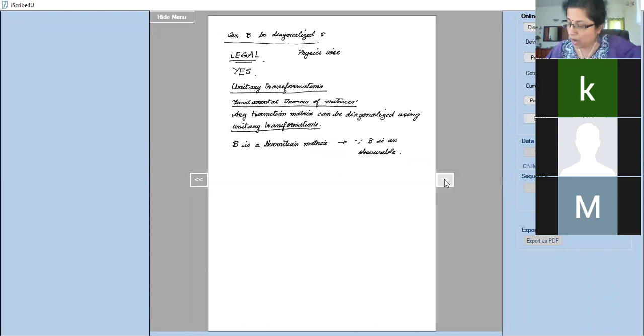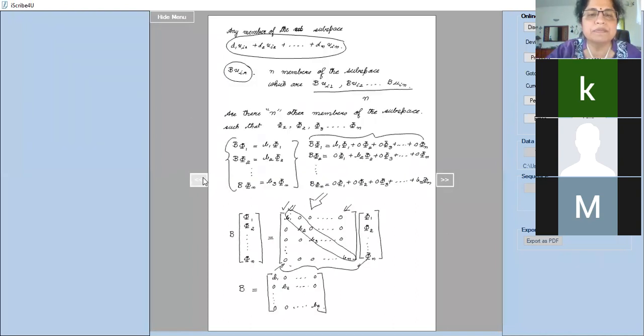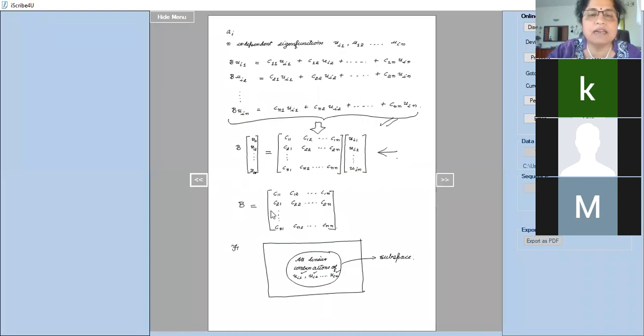So you have B, which is in a non-diagonal form here. Where is this non-diagonal form? Let me go back a few pages. This is the non-diagonal form in this subspace, right?